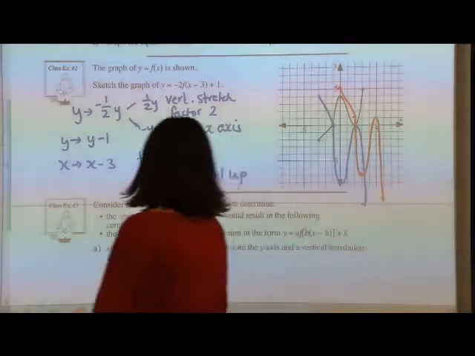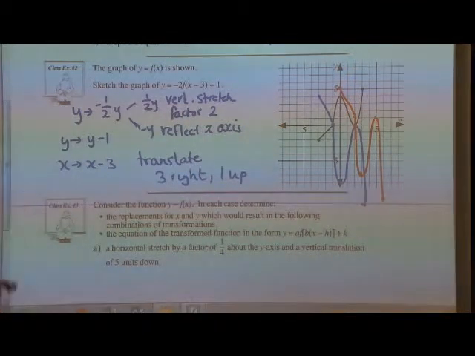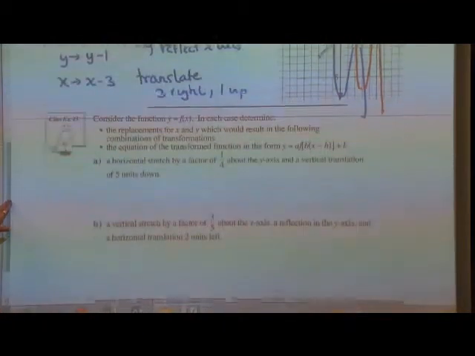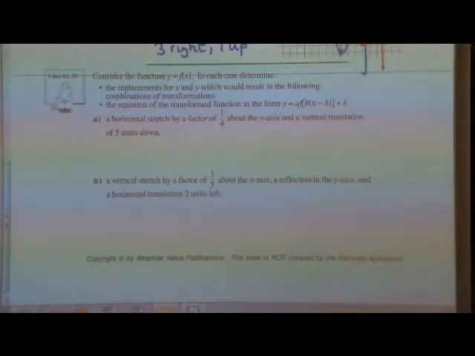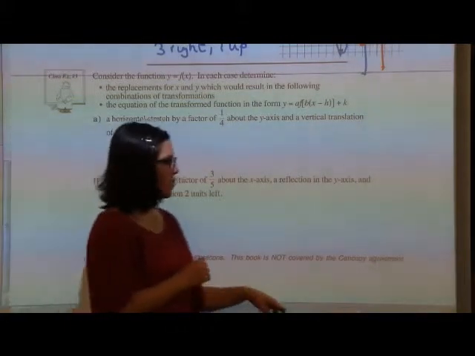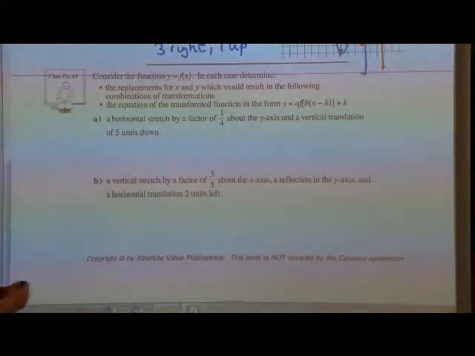So if we look at question number 3, we have a function called f of x, and we're going to write the equation of the function after we put in the following transformations. So I have a horizontal stretch by a factor of 4 about the y-axis and a vertical translation of 5 units down. What are my replacements?